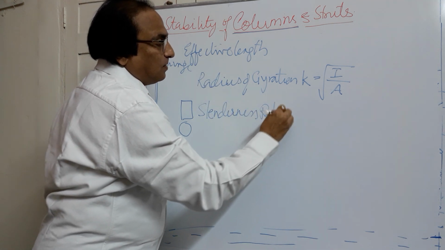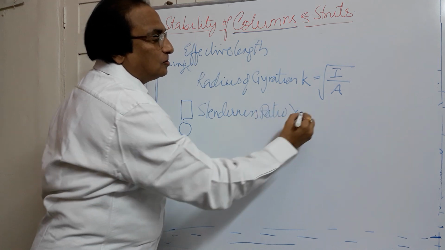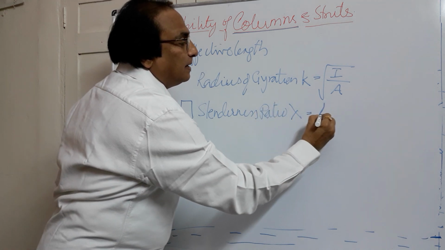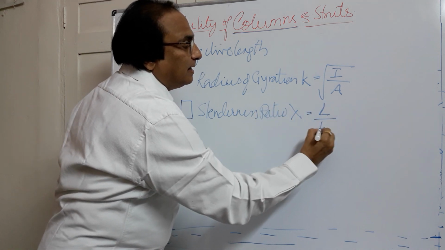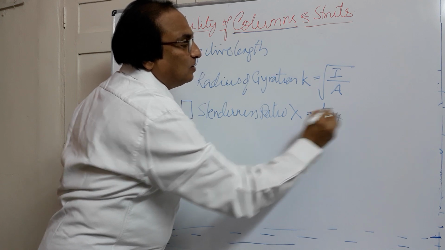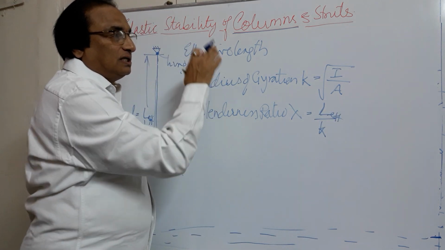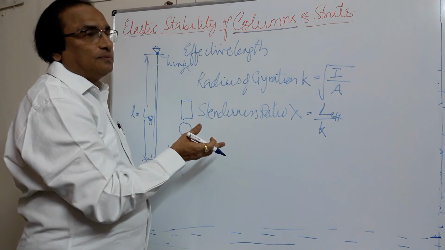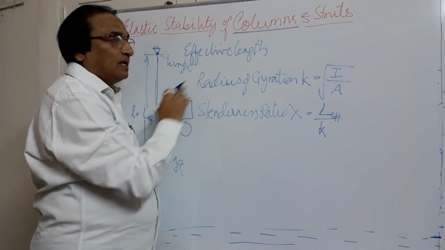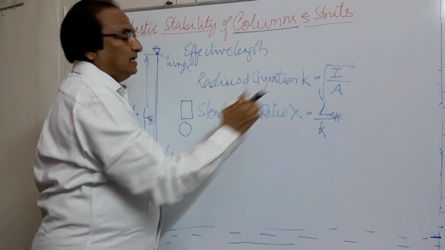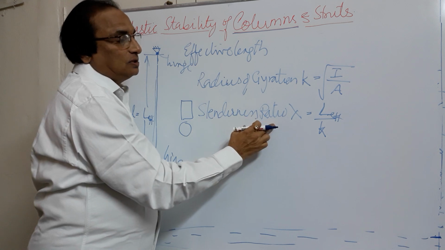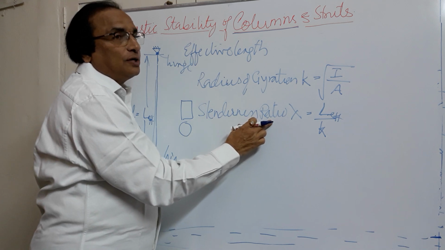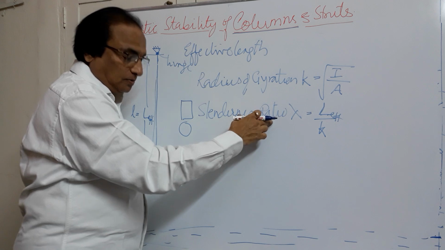Slenderness ratio, we abbreviate it by lambda. The slenderness ratio is given by L divided by K, where L is the effective length of the column. So these are the basic definitions you are supposed to know whenever you go for columns: effective length, radius of gyration and slenderness ratio. The slenderness ratio plays a very important role in designing of the columns.